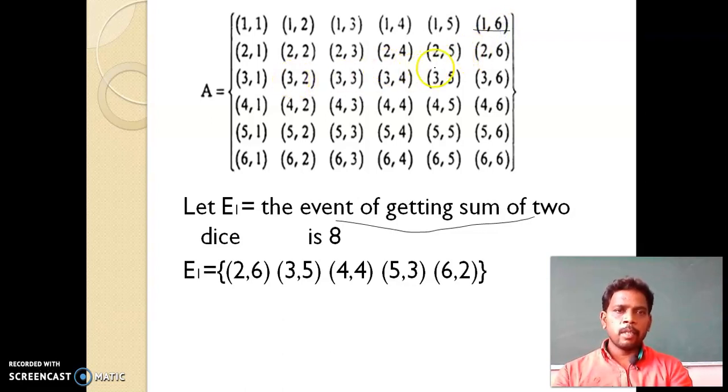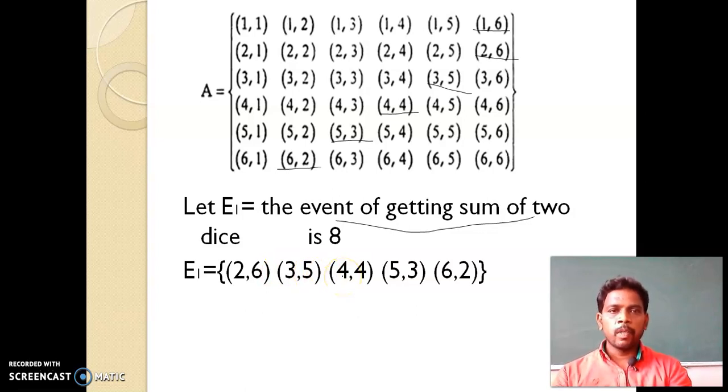In the second row, 2 plus 6 is 8. In the third row, 3 plus 5 is 8. In the fourth row, 4 plus 4 is 8. In the fifth row, 5 plus 3 is 8. In the sixth row, 6 plus 2 is 8. These are the possible cases. When we add these two numbers we get 8.